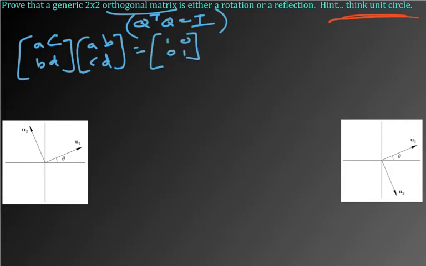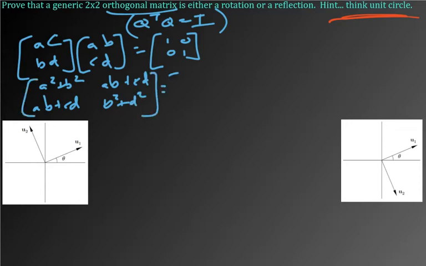If you do out the multiplication, you get A squared plus B squared in the top left corner, then AB plus CD here, AB plus CD down here, and then B squared plus D squared here.